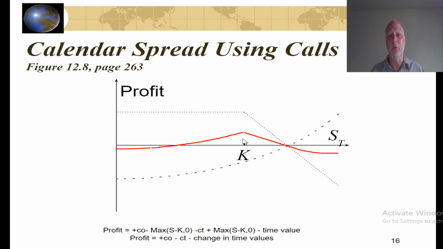So if you stay right in this region, you can make money off of that. On the other hand, if the stock price goes up too much, too far in the money, or too far out of the money, then the time value goes away anyway, and you still lose money because you have paid more for the long-dated option than the short-dated option.